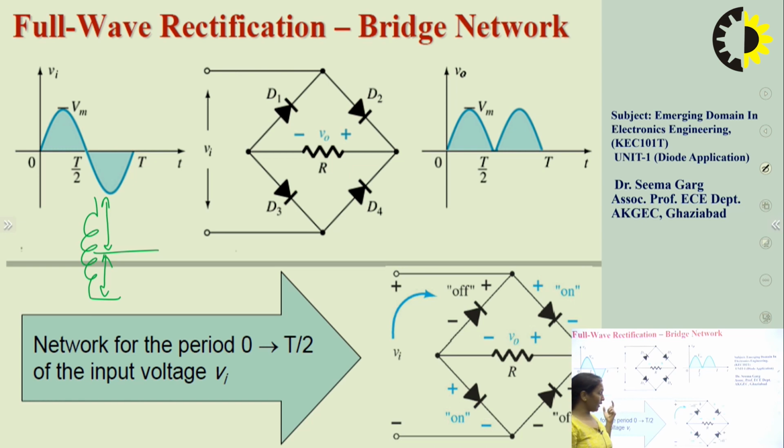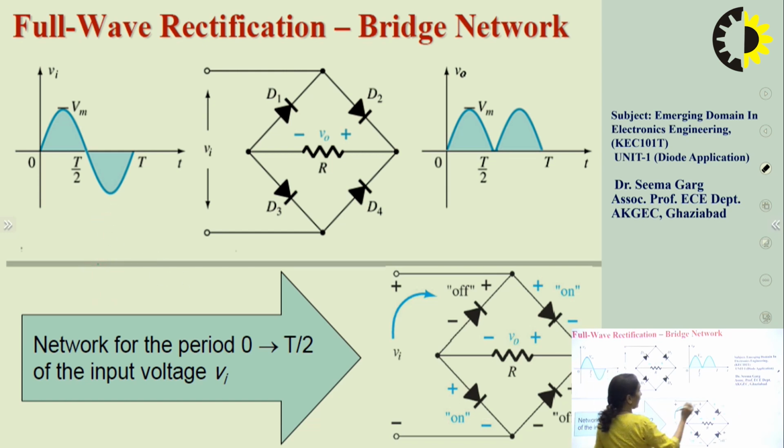So this is one difference between the bridge rectifier and the center tapped rectifier. Another difference is that we have 4 diodes in the circuit, but it does not affect the cost of the circuit much, because diodes are very cheap components in comparison to the center tapped transformer. The center tapped transformer is a very costly device. So these are the first 2 differences between the bridge rectifier and the center tapped full wave rectifier.